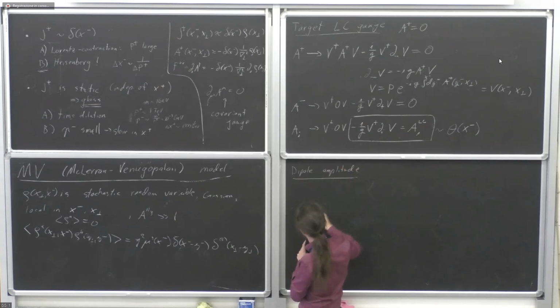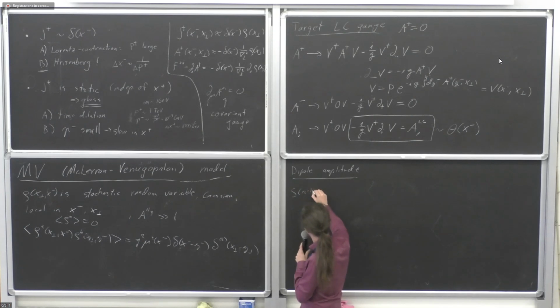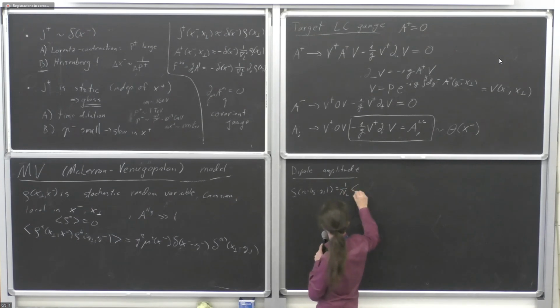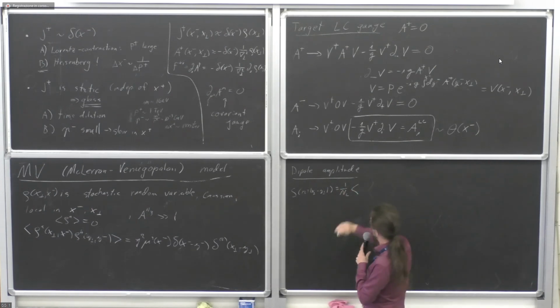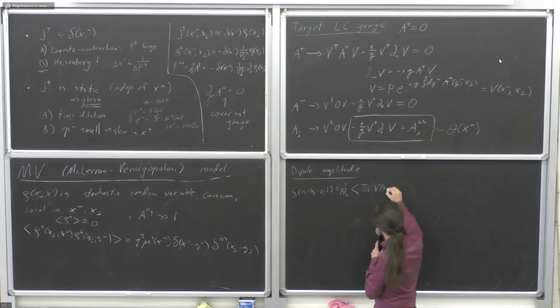Okay, so let's calculate what I call S, which is a function of R, which is x perp minus y perp, equals 1 over N_C, then the average in the MV model sense of the trace of two Wilson lines, V at x perp and V dagger at y perp, like this.